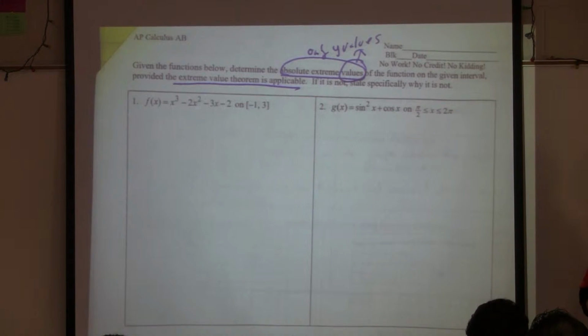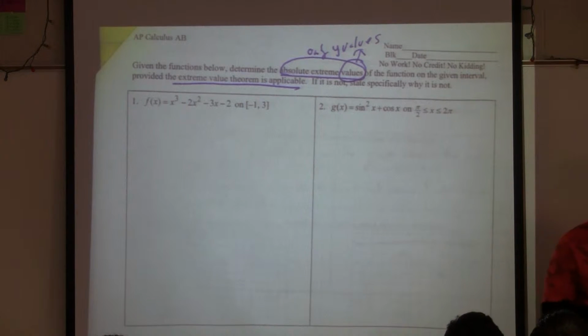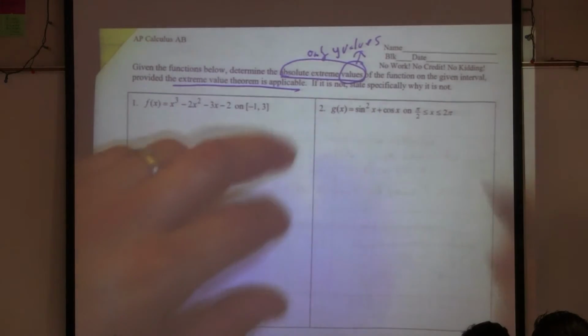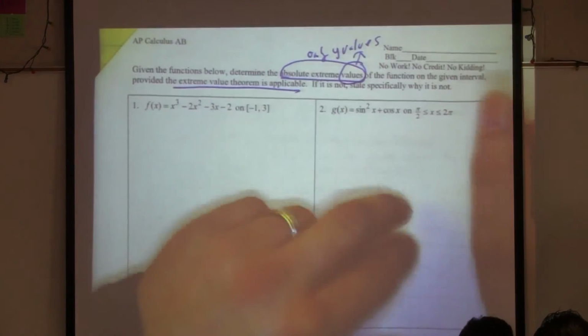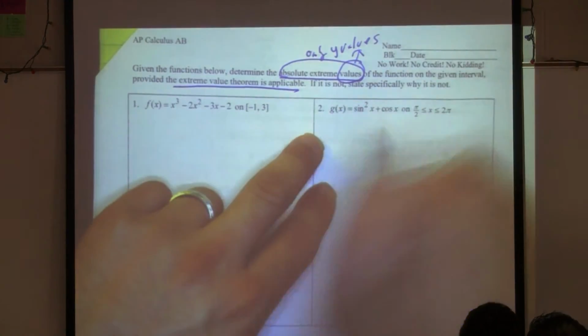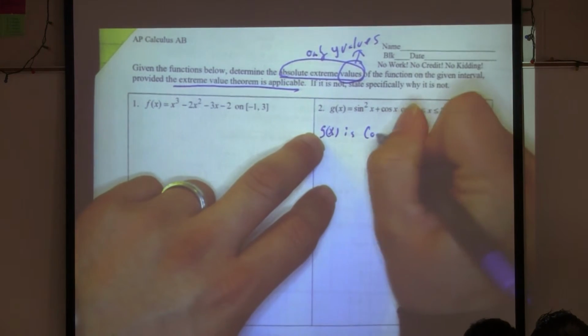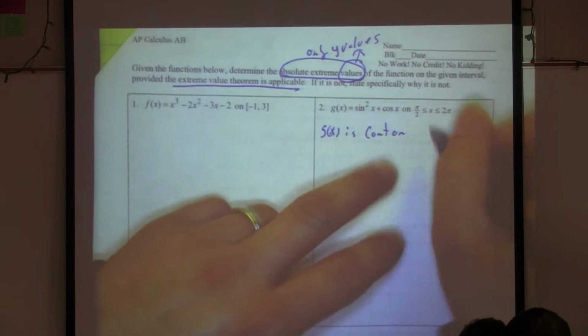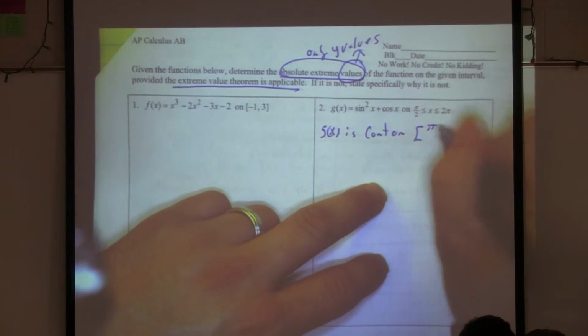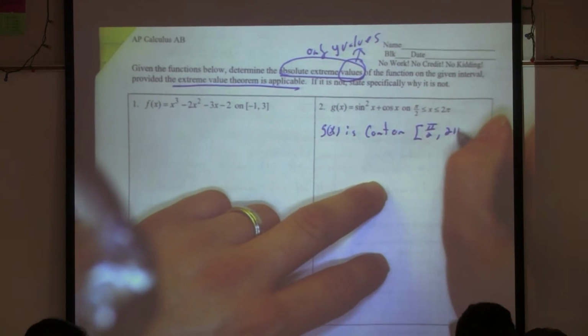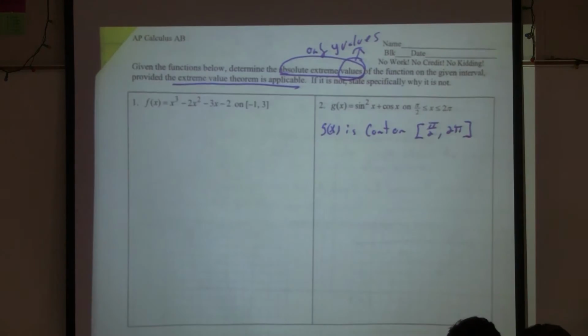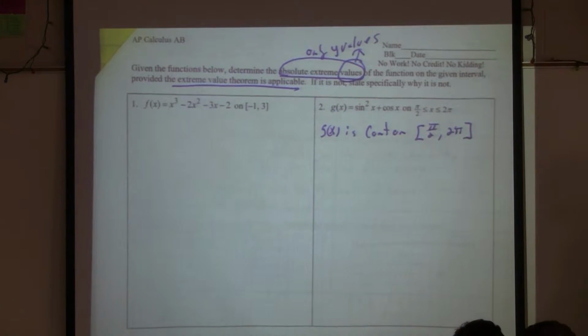So looking at number 2, we first have to check what? Check for continuity. Is g of x continuous? It is. So it is continuous on this interval, pi over 2 to 2 pi. Alright, so now we can find its derivative.